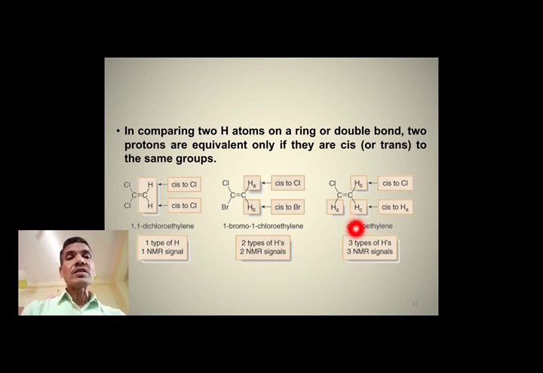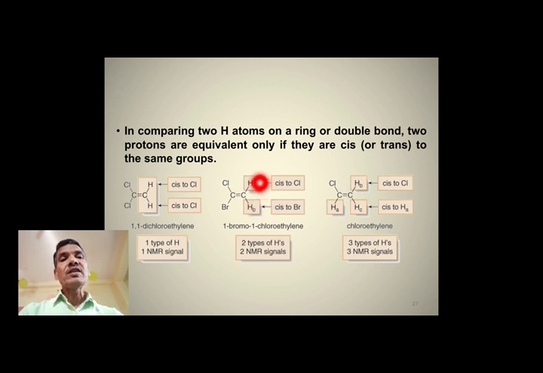But in this another example, chlorobromoethene. In 1-bromo, 1-chloroethylene, this hydrogen atom is cis to bromine and trans to chlorine.